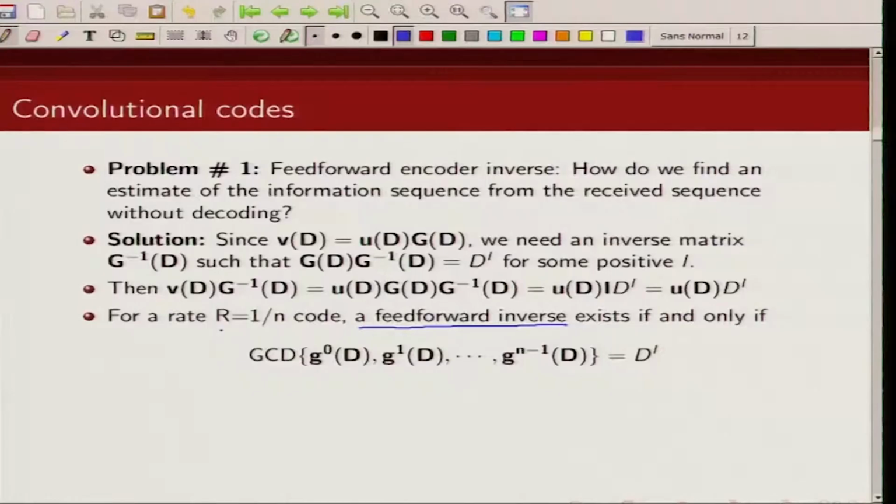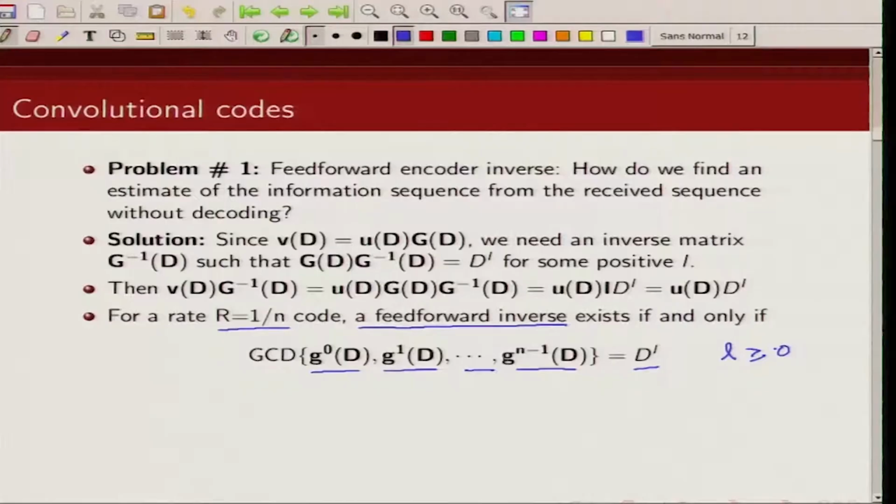For a rate 1 by n code, a feed forward inverse will exist if the greatest common divisor among the n generator sequences is some delay element D^l, where l is greater than or equal to 0.